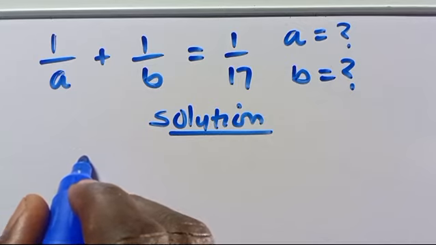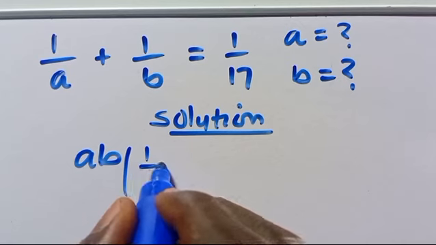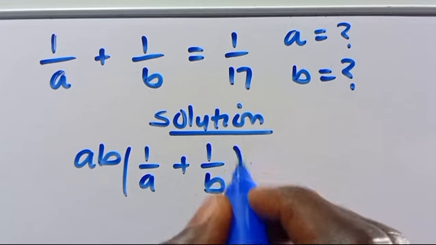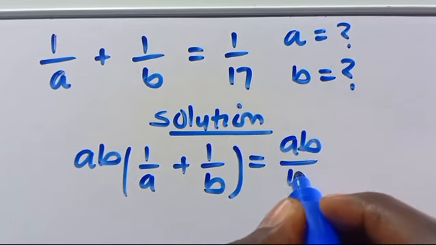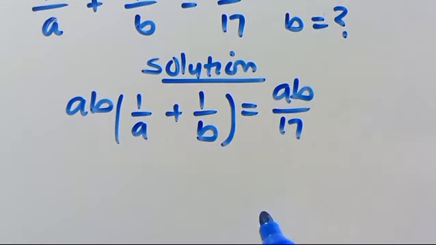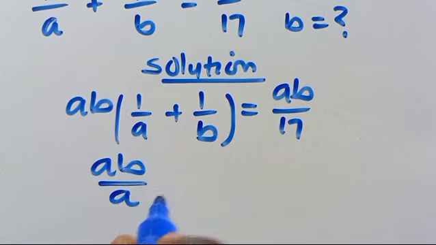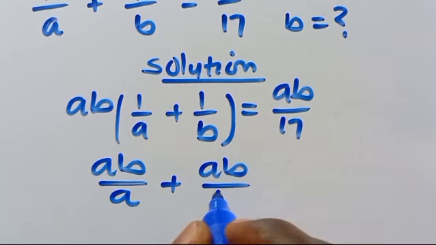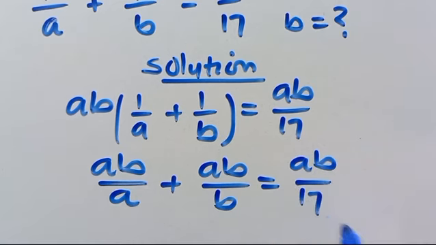So we have ab times (1 over a plus 1 over b) equals ab over 17. ab times 1 over a will be b, ab times 1 over b will be a, equals ab over 17.